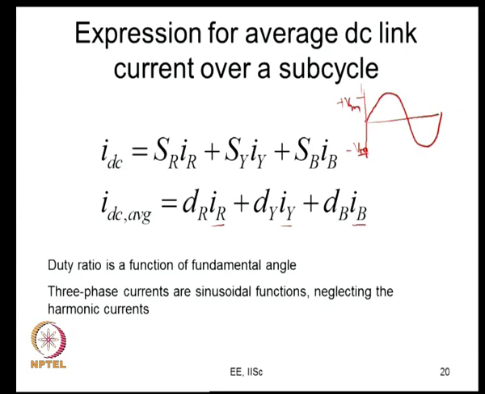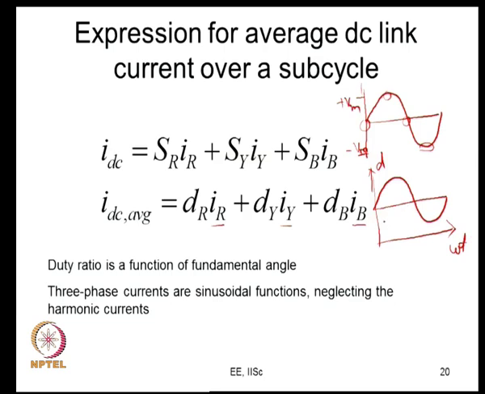The duty ratio is 0.5 here, the duty ratio is maximum here, it is 0.5 here and the duty ratio is minimum here. So, the duty ratio actually varies about 0.5. It goes through a maximum and through a minimum. This is how the duty ratio varies as a function of the fundamental angle.